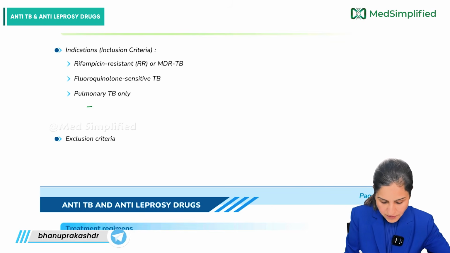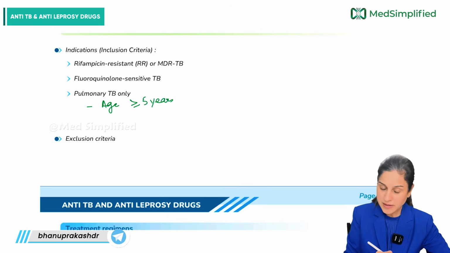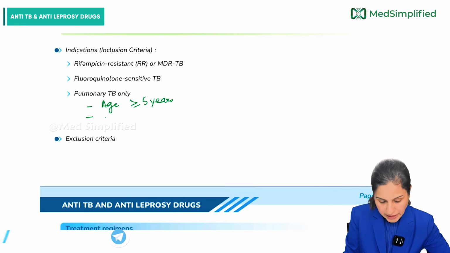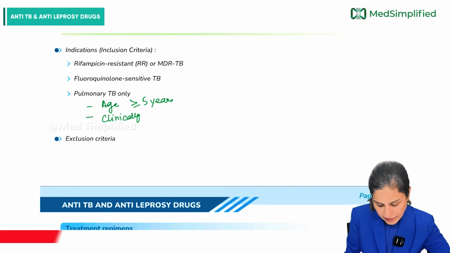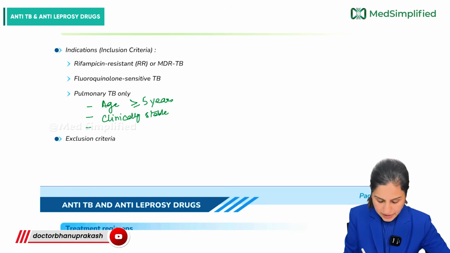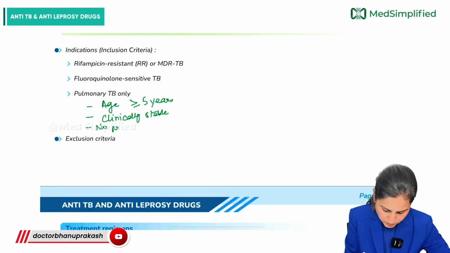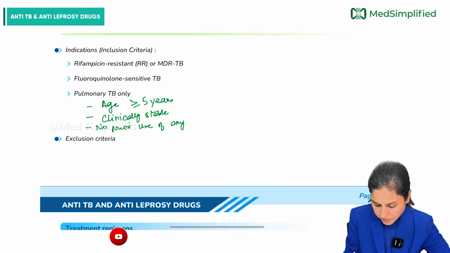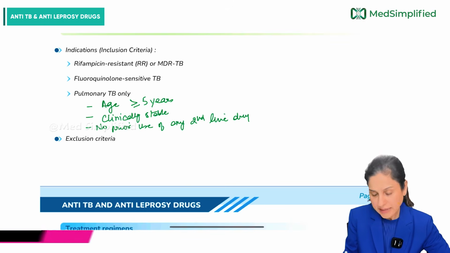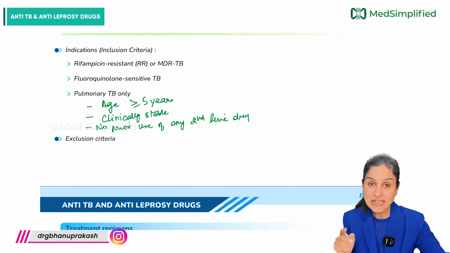Then the age of the patient should be greater than or equal to 5 years. The patient should be clinically stable. Then no prior use of any second line drug should be there. So this is all the inclusion criteria.